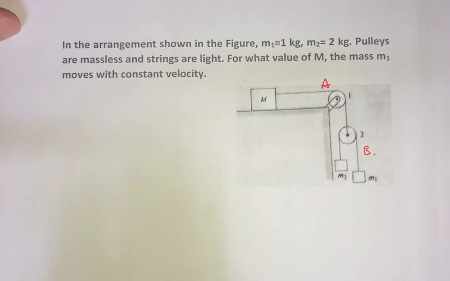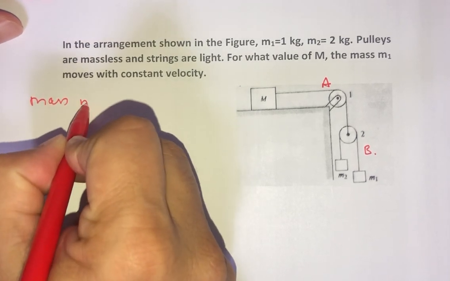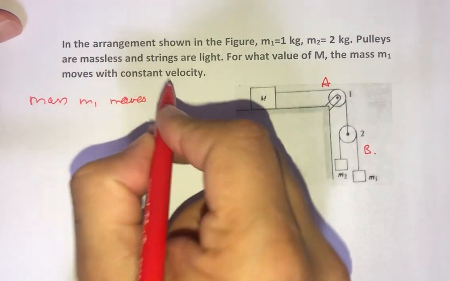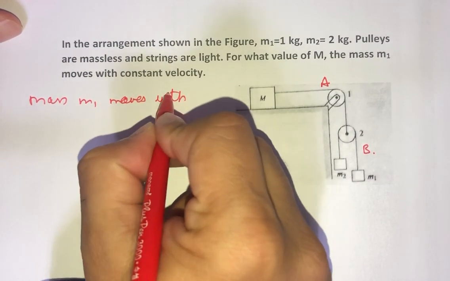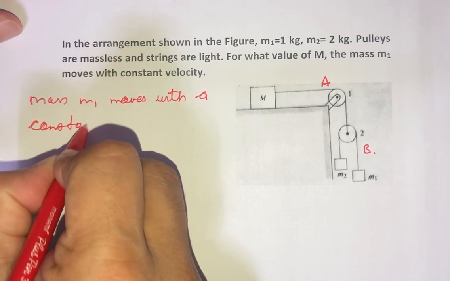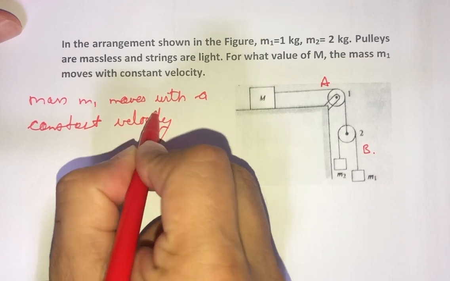Okay, we can say that mass M1 moves with a constant velocity.